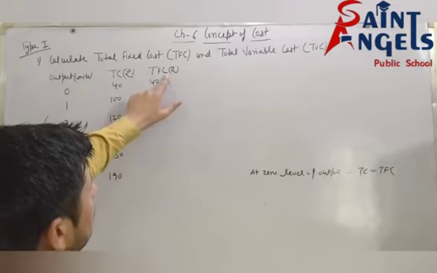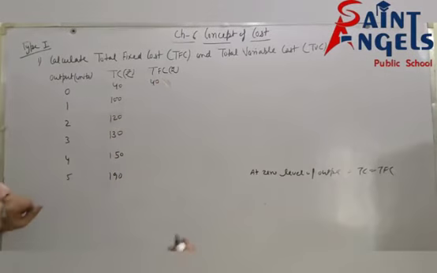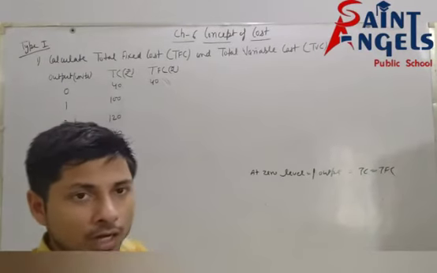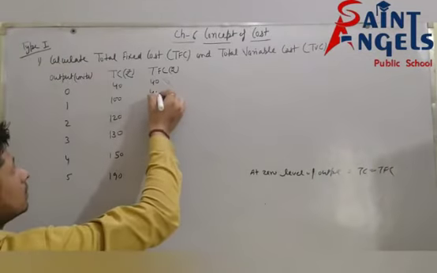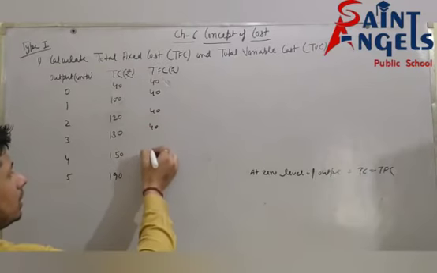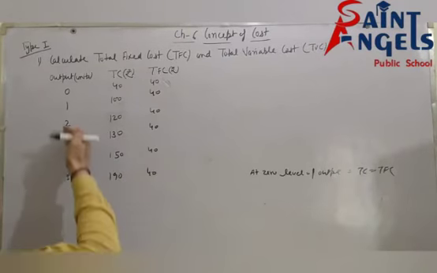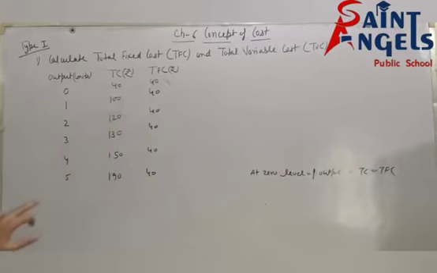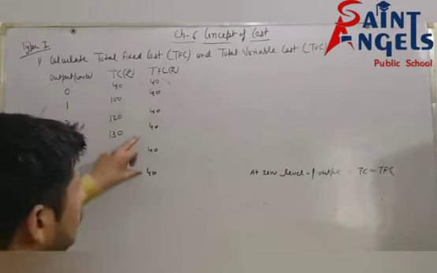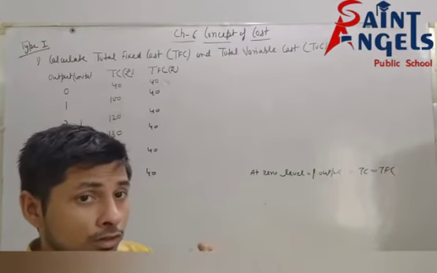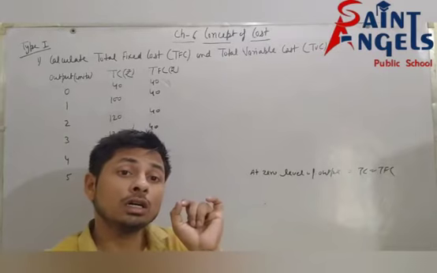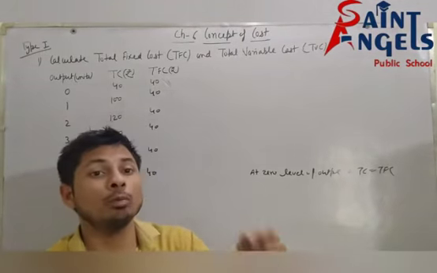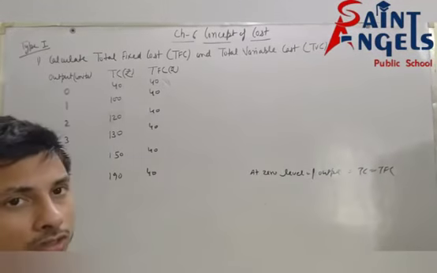It means TFC will be 40. And you know that TFC remains constant at all levels of output. So you will take 40 at all levels of output. So I hope all of you have understood. Always remember, first of all we will calculate TFC, means total fixed cost, to solve any type of numerical question of this chapter.